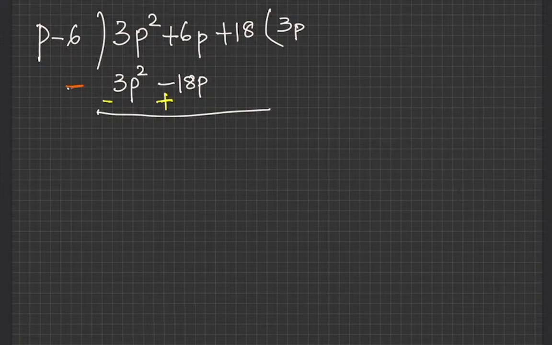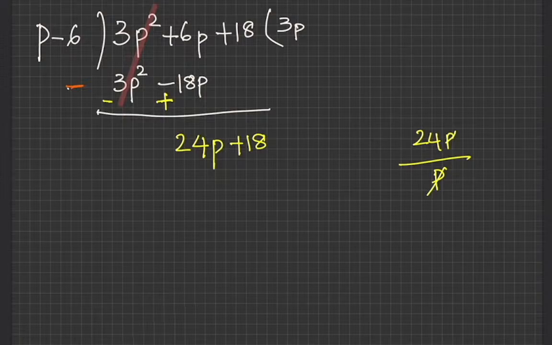So the positive 3p squared and negative 3p squared get cancelled. I have 6p plus 18p, so that will give me positive 24p plus 18. So I have 24p divided by p. So it gives me 24. So I have plus 24.